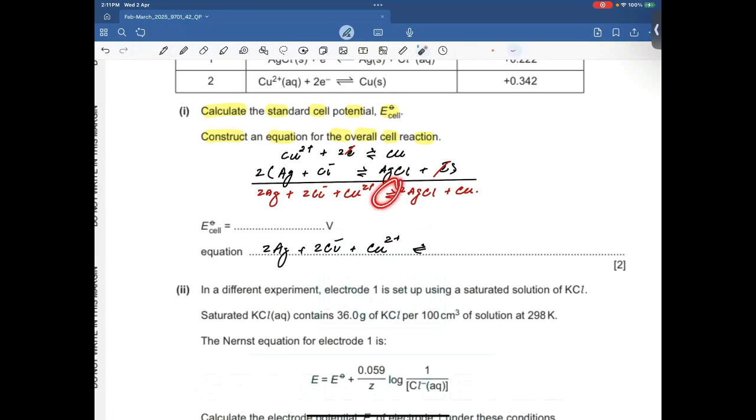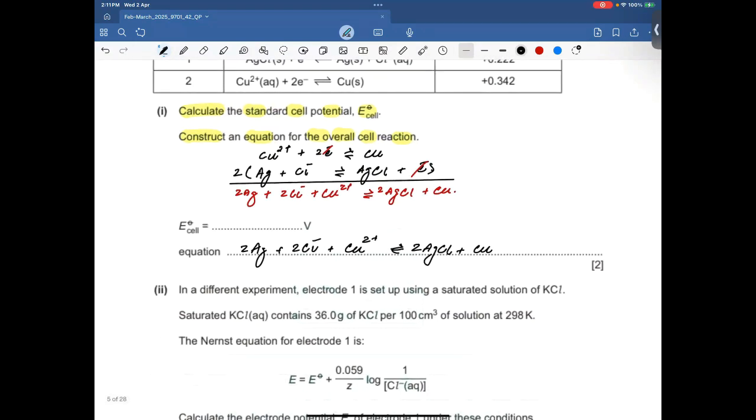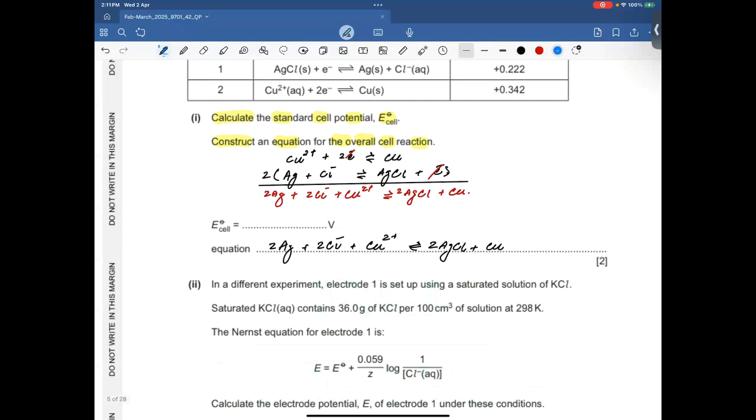Sign will remain reversible. I will let you know why I'm writing a reversible sign here, why not irreversible. We have discussed such issues in the class, right? Let me calculate the E0 cell value and then I will explain it to you.